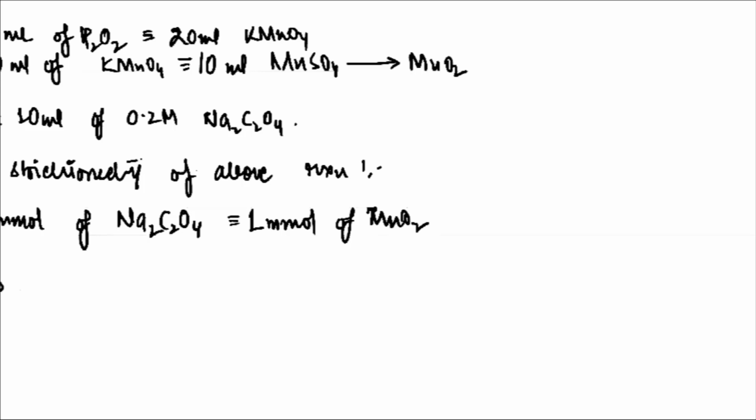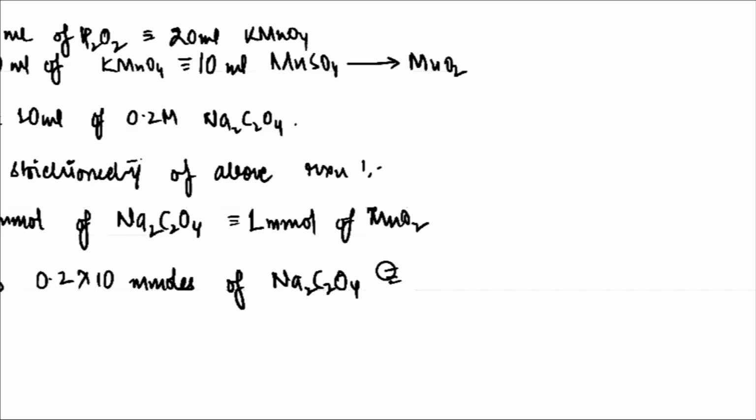Implies that 0.2 into 10 millimoles of Na2C2O4 is congruent to 2 millimoles of MnO2.